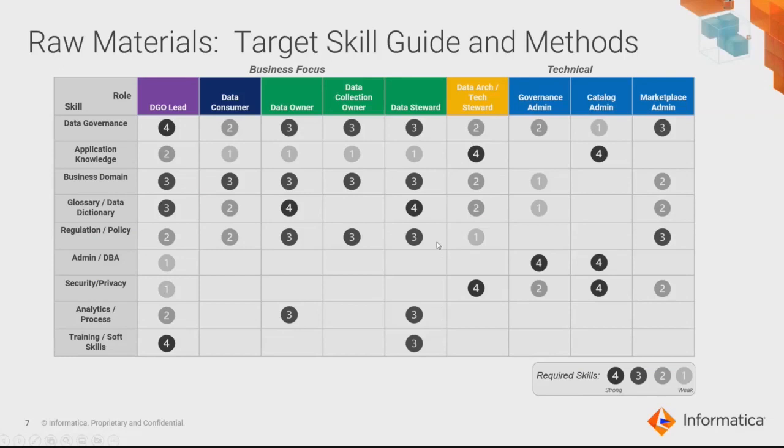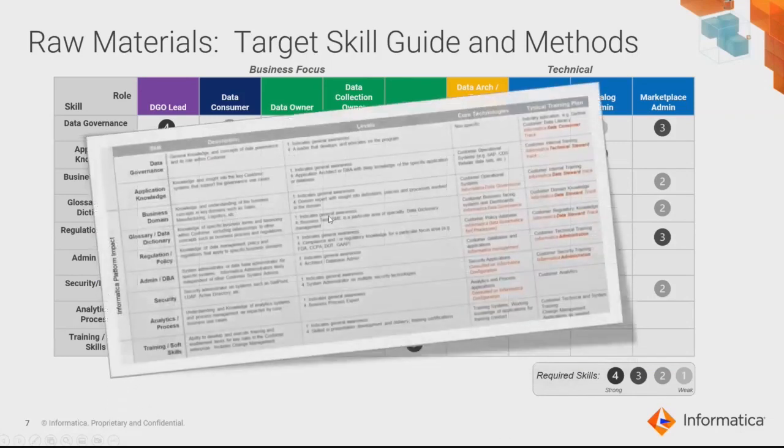Another thing that's going to be behind this is, and I know this is hard to read, but this is just kind of a summary card of, you would build this up for each different role. So for each of these skills, we'll have what does a 1 mean, what does a 4 mean across these skill sets. Like, let's say for regulatory policy, you might have a general awareness as a 1, and a 4 would be somebody that's really smart about CCPA, CPRA.